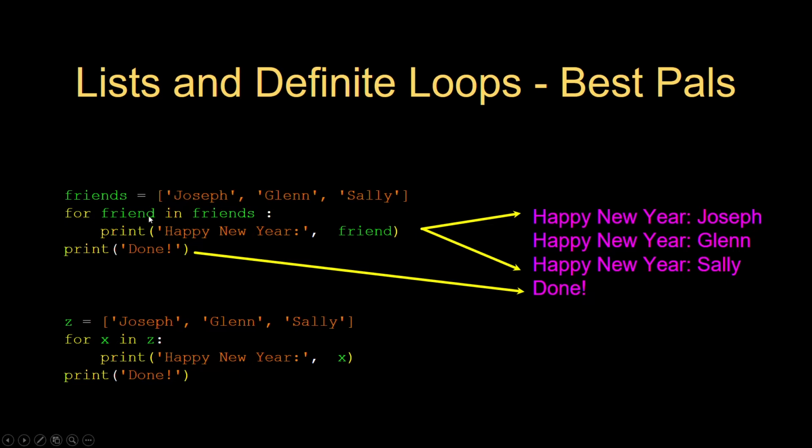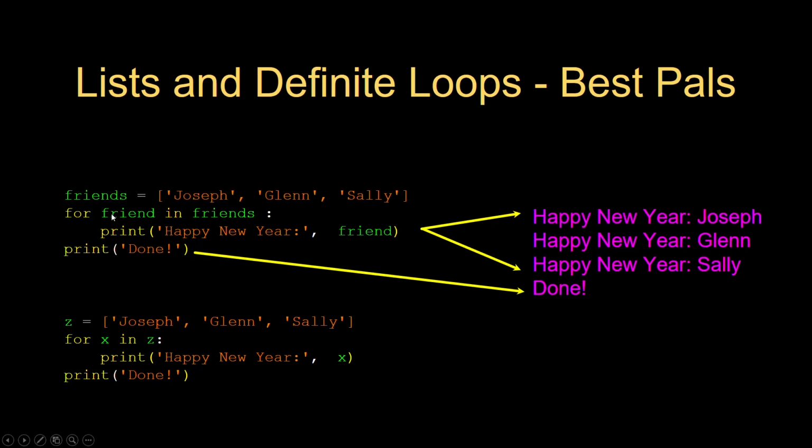These two are not the same. Friend is a variable, friends is a list. To avoid confusion, we can say for a in friends, and print Happy New Year and then a, using a different variable name to avoid confusion between friend and friends.